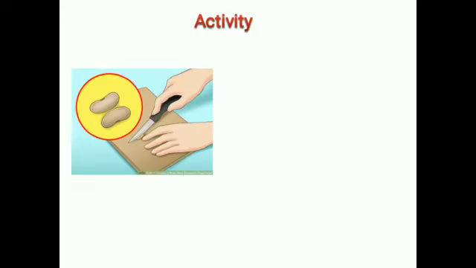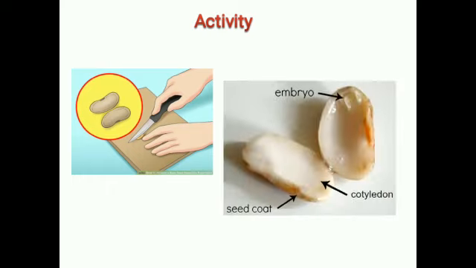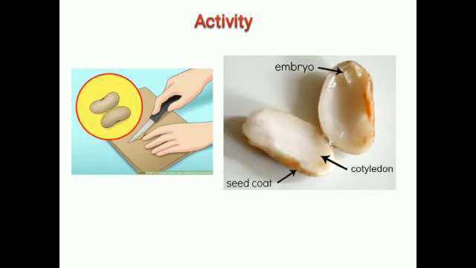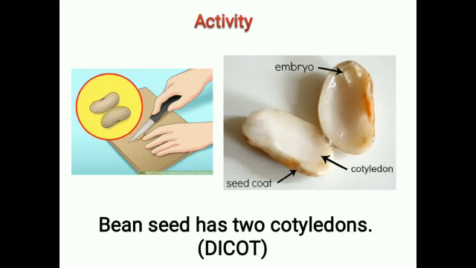Now dissect both the seeds from the middle and observe how many seed leaves or cotyledons they have. You will find that the bean seed has 2 cotyledons, so you can say the bean seed is dicot.